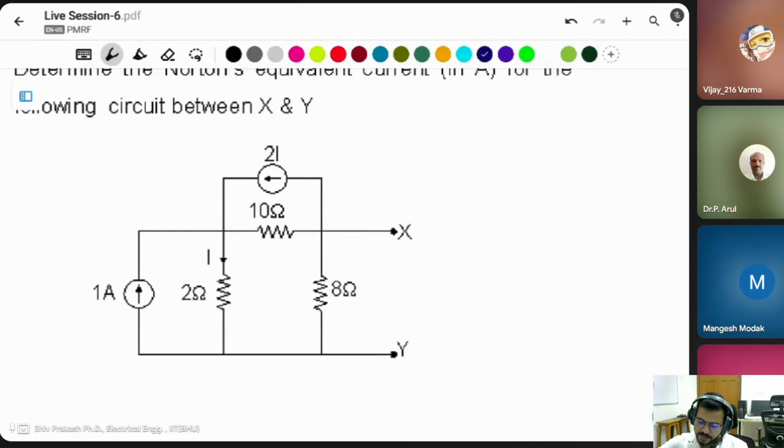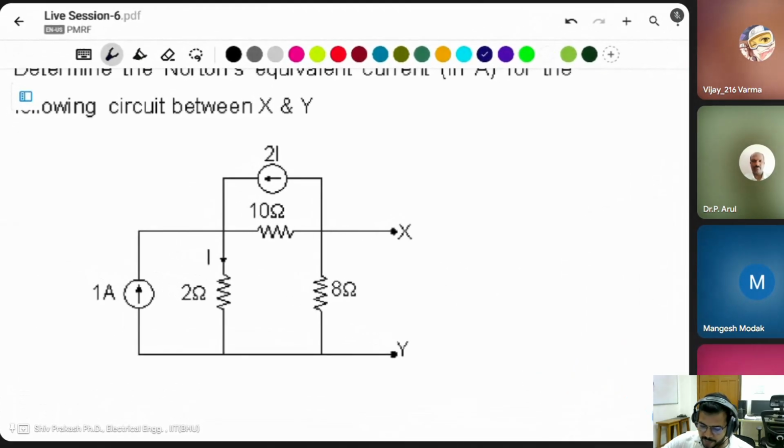There is a resistor, but this resistor has no meaning. That's why I remove this one. This current is 1 ampere. And this incoming current is 2I and leaving current is I. Then what is this current? 1 plus I.